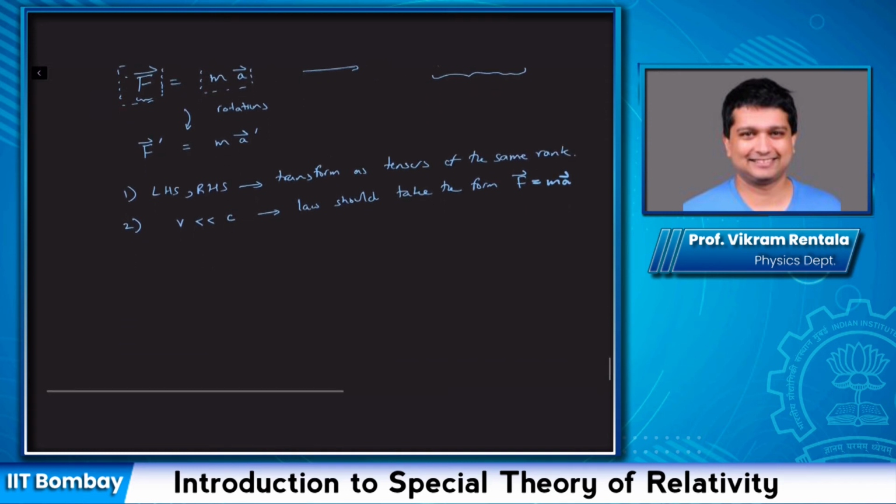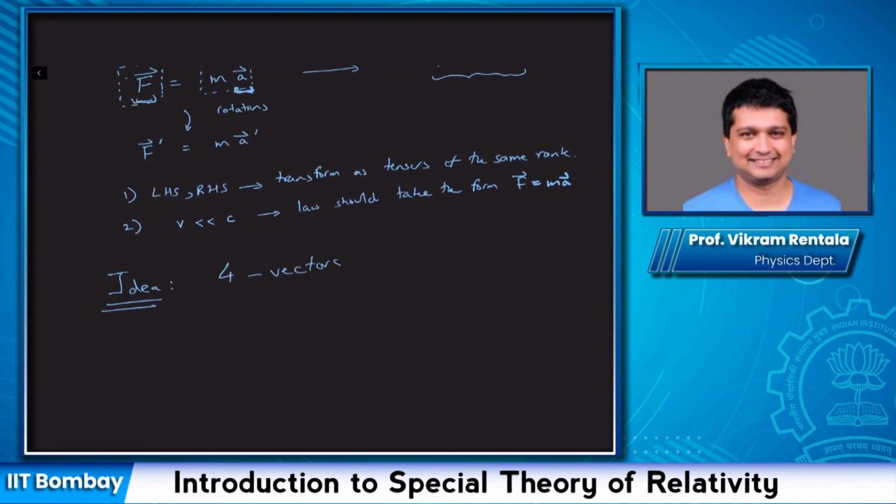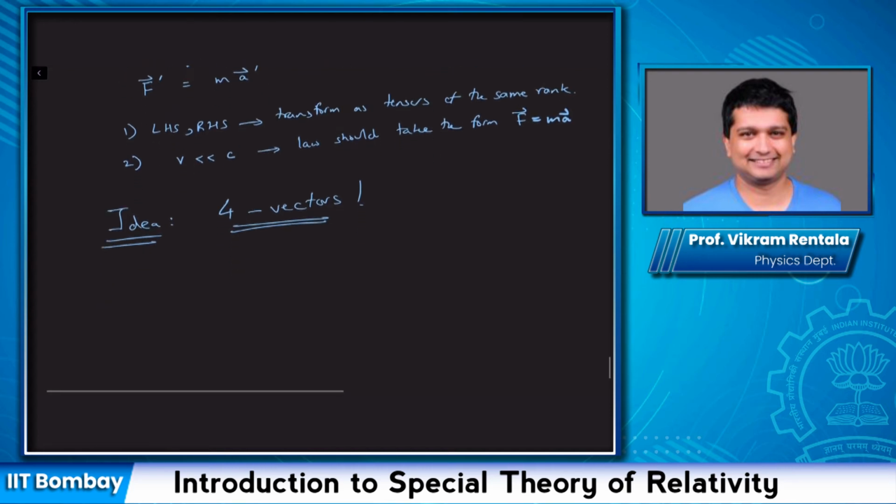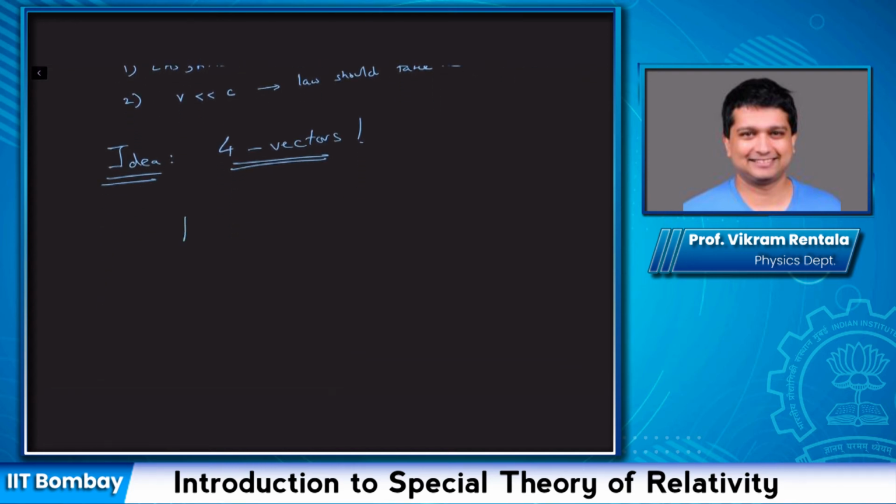And to do that, the simple idea is, instead of looking at three-vectors, that is, things that transform under rotations, let's look at four-vectors. So what we're looking for now is a generalization of the left-hand side and the right-hand side of Newton's laws. So something of this form.